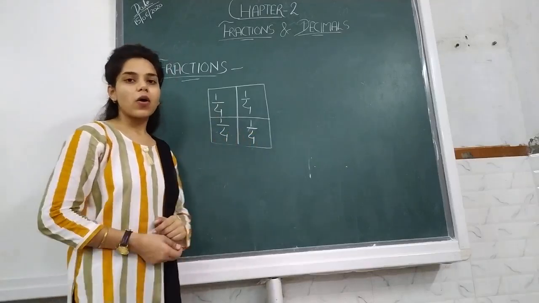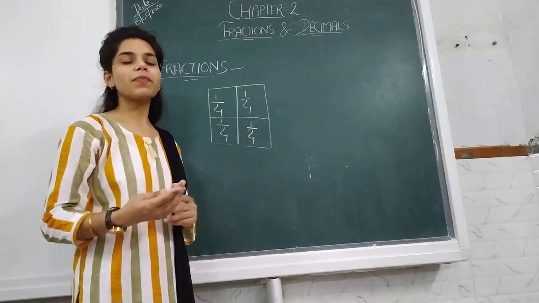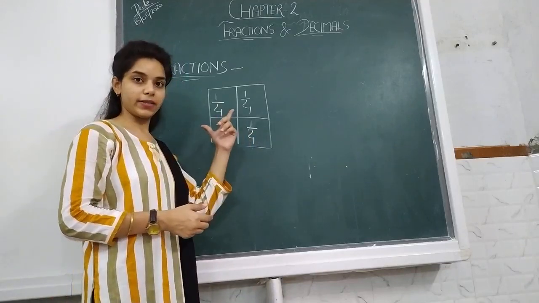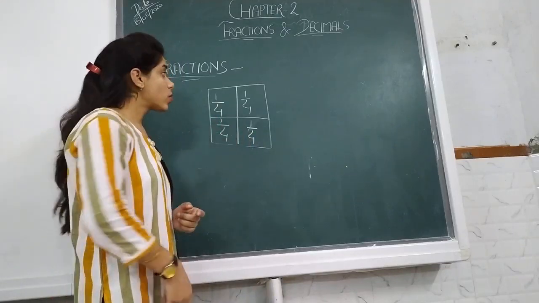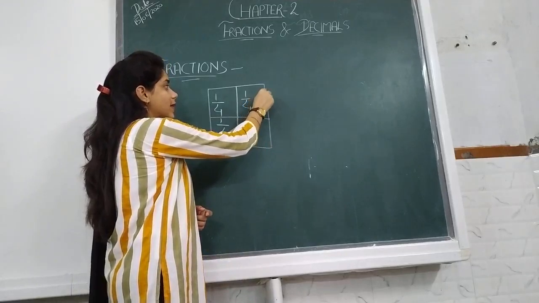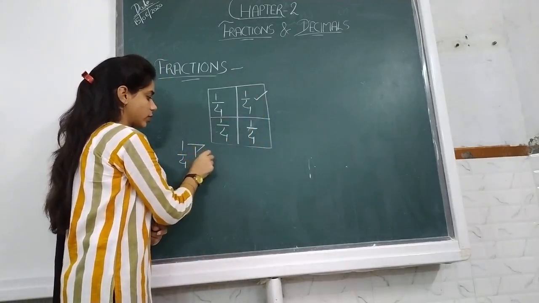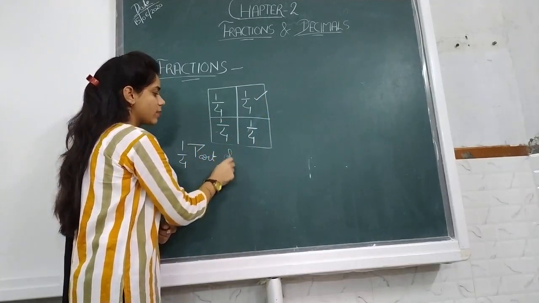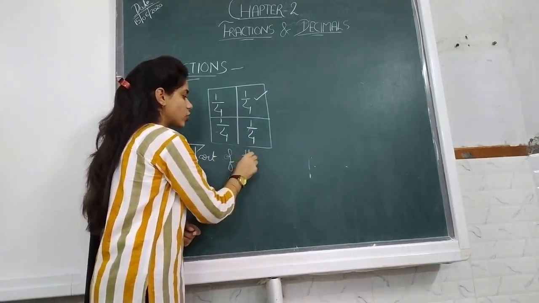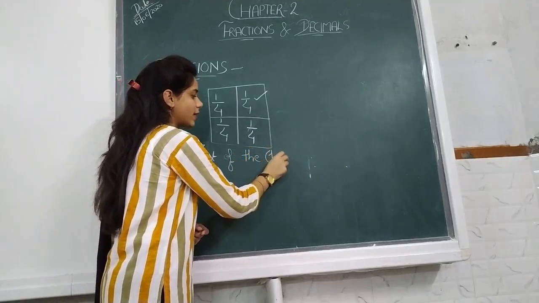Now I am asking you how much part of the chocolate you ate. You will reply that you ate 1/4 part of the whole chocolate. Okay. 1 part of the chocolate. Getting my point?